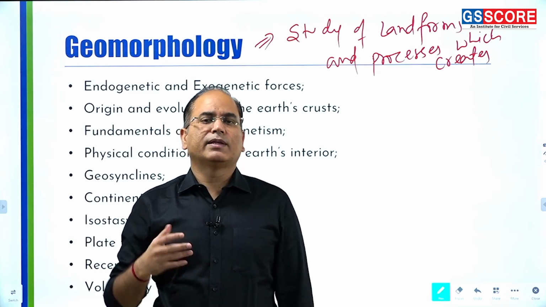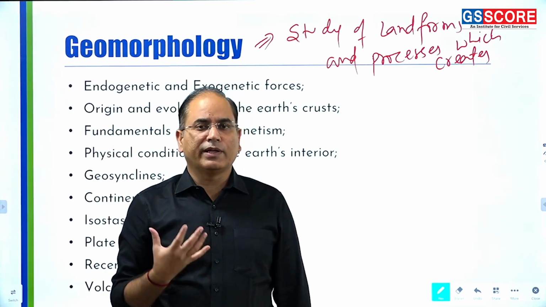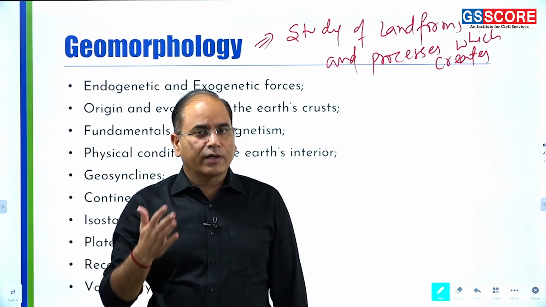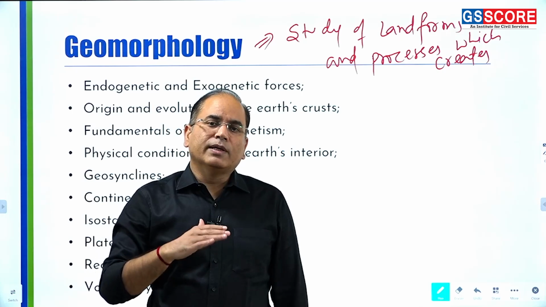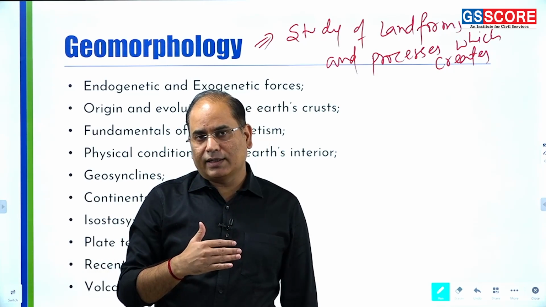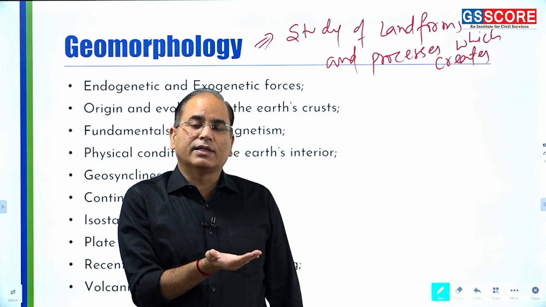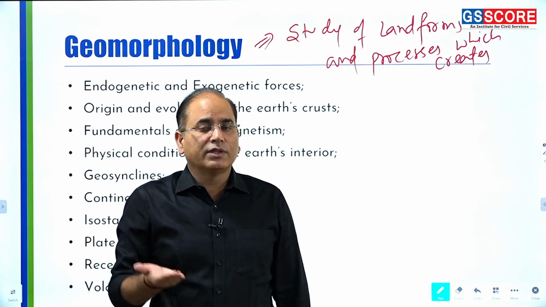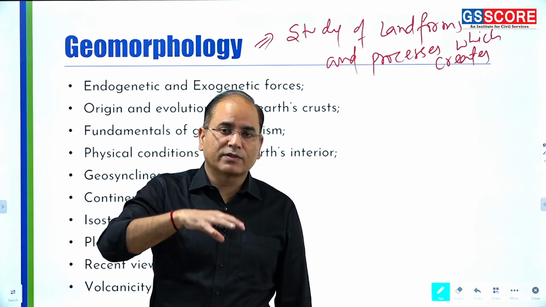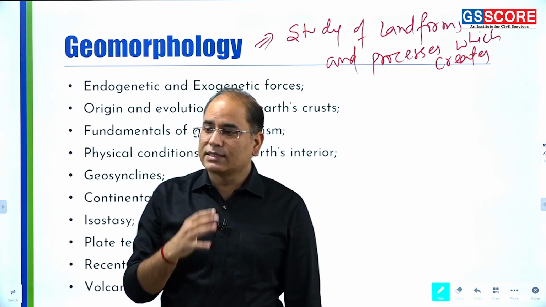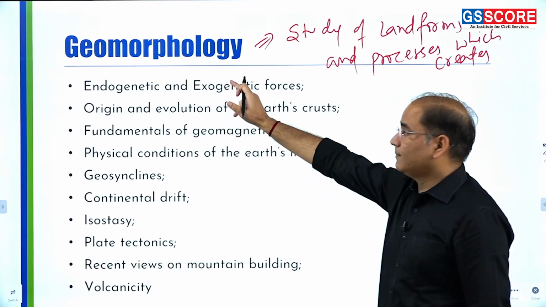Of course, for living there are lots of things that we require for survival, but over and above that you will appreciate the fact that where our houses are built, the surface is going to be very crucial. How this surface evolved, from where this surface formed, what are the changes that this surface is going through, all these things are the scope of geomorphology.